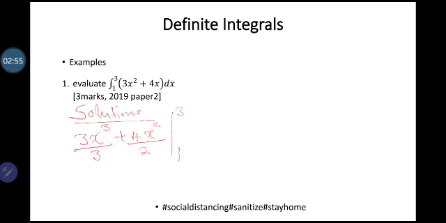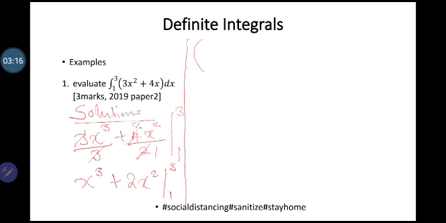No need for you to include the c. This and this will divide, leaving you with x to the power 3 plus 2x squared, considering 3 and 1 points. So we substitute. First we start with a 3.